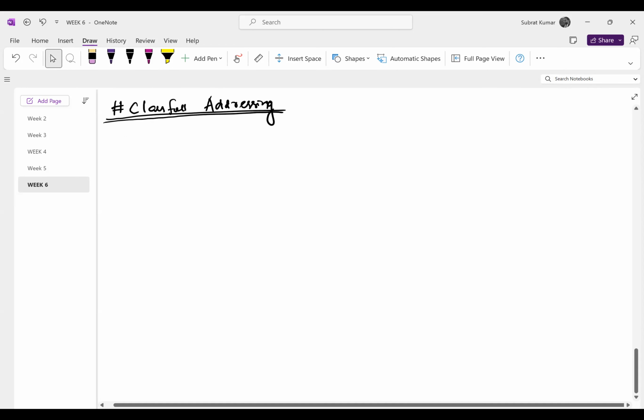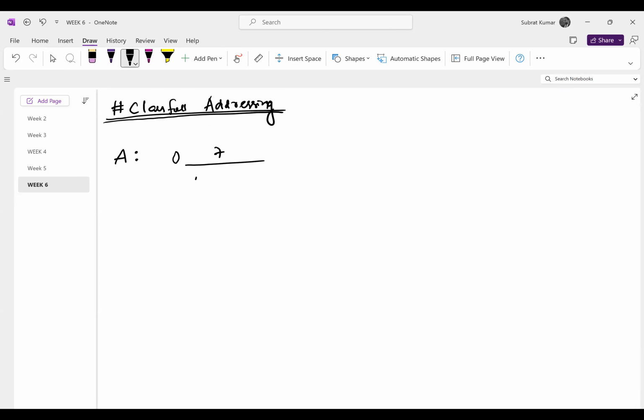Starting with class A. Class A is identified if the first bit is 0, and the next 7 bits are used for the network.